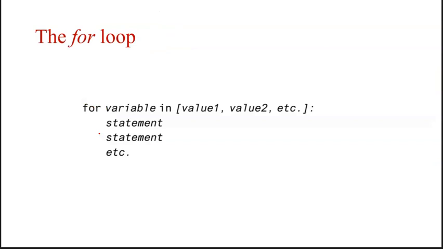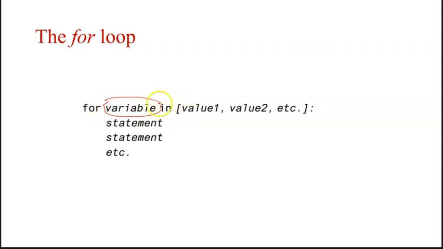The format of a for loop. The syntax is the following. You type in for and then the variable name. Sometimes you don't use the loop variable. Typically, you would do something within the loop such that you need that variable, but you don't really need to use that loop variable within that block.